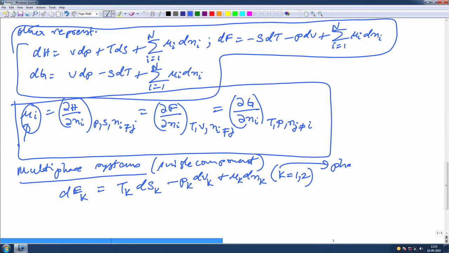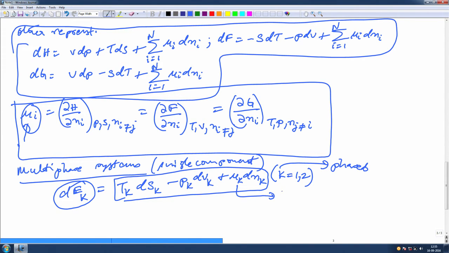K is basically the phase. It can be 3 phases also. Right now, we have just chosen 2 for the purpose of simplicity. So, for a multi-phase system, the internal energy change of the kth phase is given by this expression, where mu_k is the chemical potential of the kth phase. That sounds awfully similar to the multi-component system as well, right. For the multi-component system, we have something very equivalent like this.